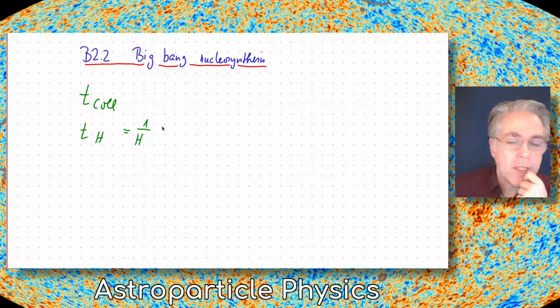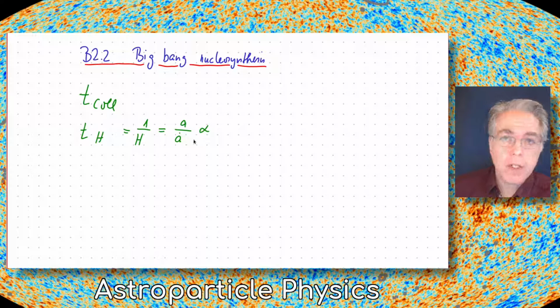That's just a over a dot. And since we know that any processes which would be sufficiently energetic, like these ones, would only be happening in the time when the universe was in the radiation-dominated phase, we know that this a over a dot goes with 1 over the square root of the radiation density.